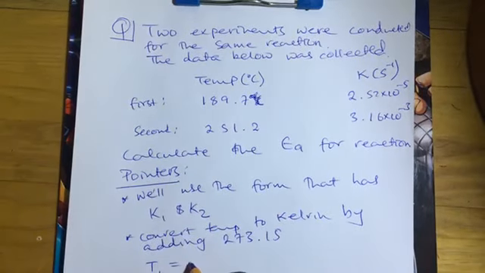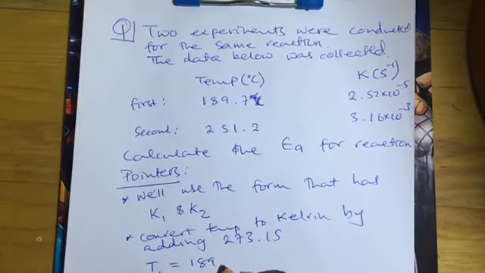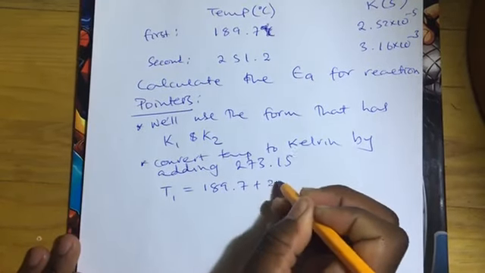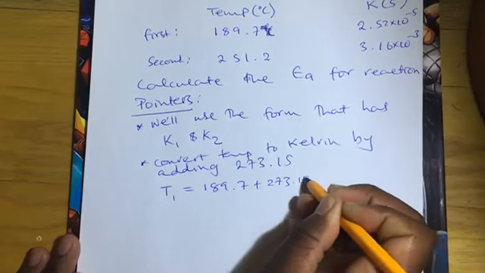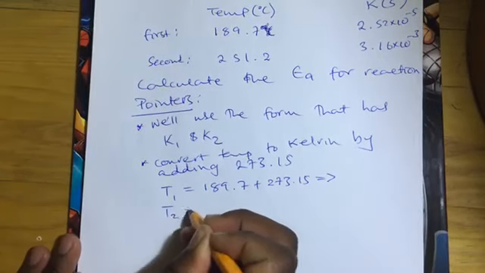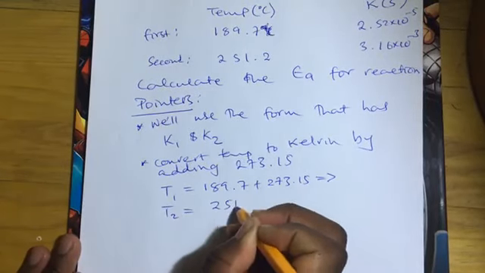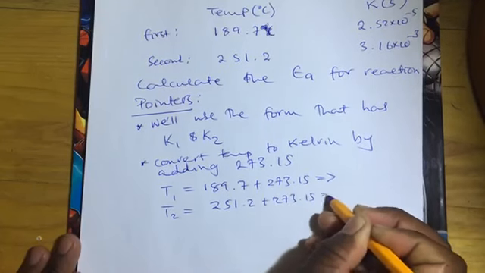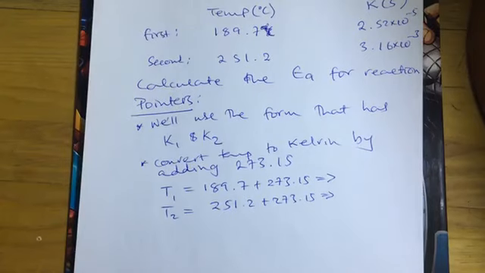T1 is going to be 189.7 plus 273.15. T2 is going to be 251.2 plus 273.15.